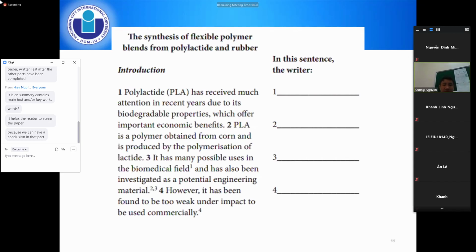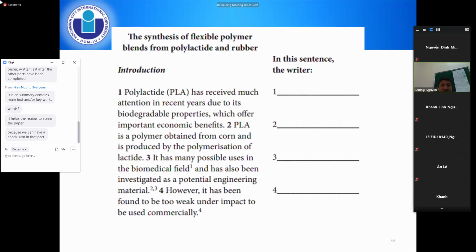Sentence number 1: polylactide has received much attention in recent years due to its biodegradable properties, which offer important economic benefits. It is kind of background information, or the importance of the topic.